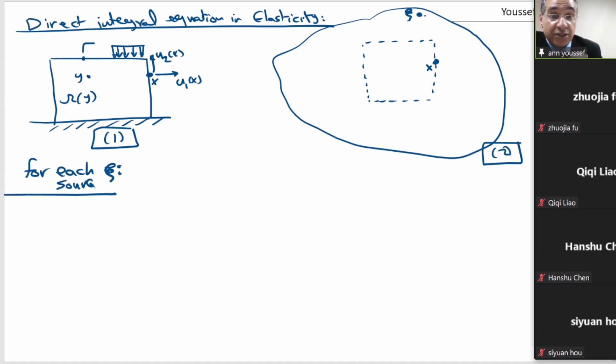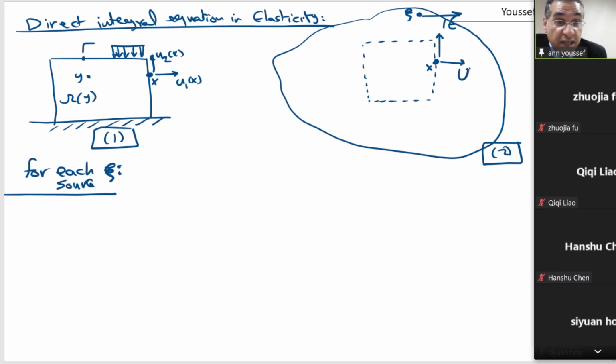The first case is when I have the load in this direction. I will put 1 kilonewton or 1 ton or 1 anything, 1 pulse here. Once I have this pulse, I will have displacement and tractions at every point. So this will give me displacement in this direction and displacement in this direction.